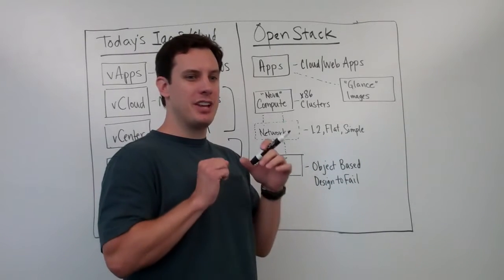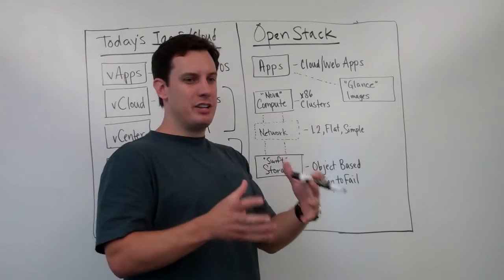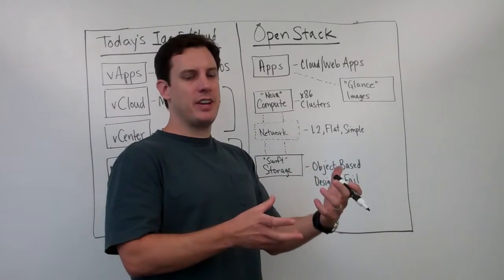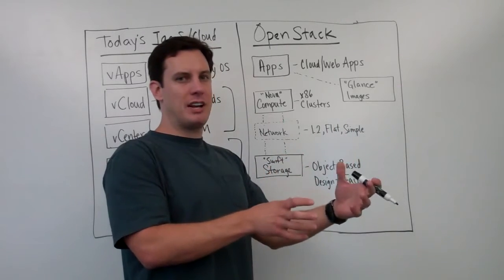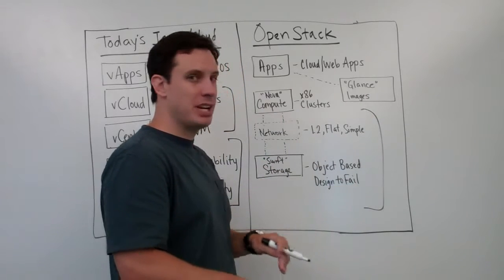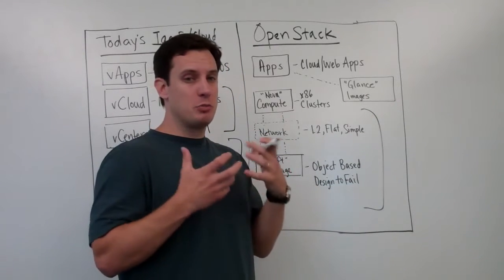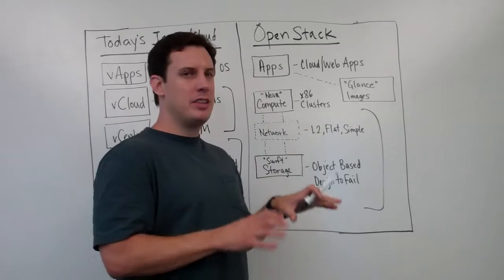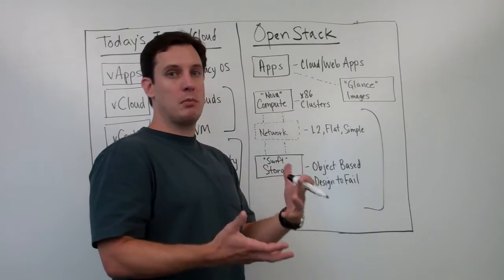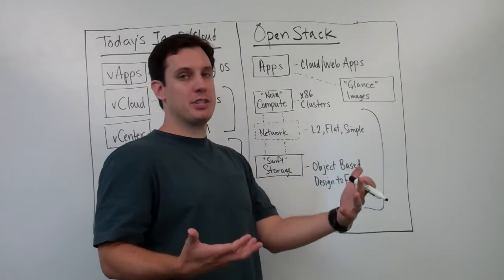So the expectation is the application will be able to deal with an individual storage controller or storage device failing, disks failing, the network failing to certain levels, or compute failing. Very, very different. Instead of this infrastructure being incredibly intelligent and highly available at every component level, the expectation is that it will fail from time to time. Maybe you're using more commodity-based infrastructure for cloud-scale things.